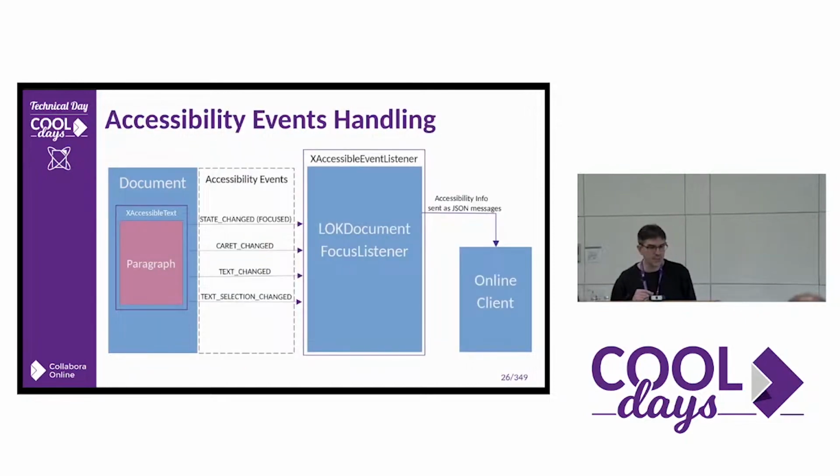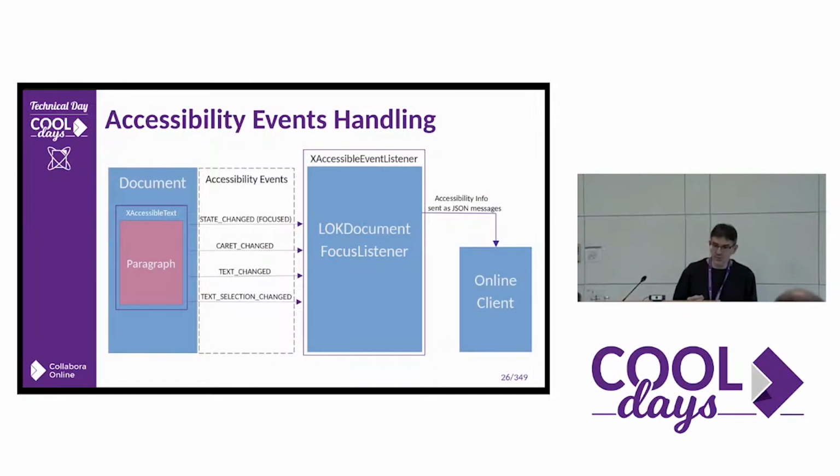Once registered, a Lock Document Focus Listener instance is able to receive and to handle several kinds of accessibility events, such as the one shown in the scheme, where it is receiving accessibility events regarding a paragraph, such as when it gets focused, when the text cursor position is changed, when the paragraph is modified, or when the text selection is modified.